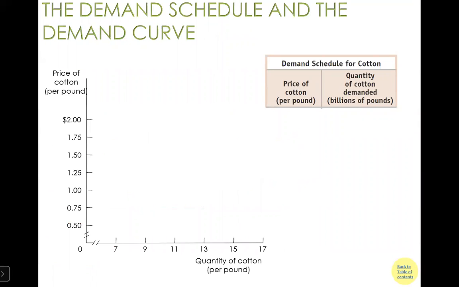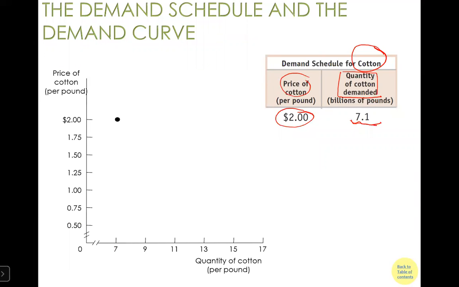We are going to look at the market for cotton. All right, and we have a demand schedule. The demand schedule just shows you how quantity demanded, on the right side of the table, changes with the price of cotton on the left side of the table. Okay. So when the price is 2, the quantity demanded will be 7.1.